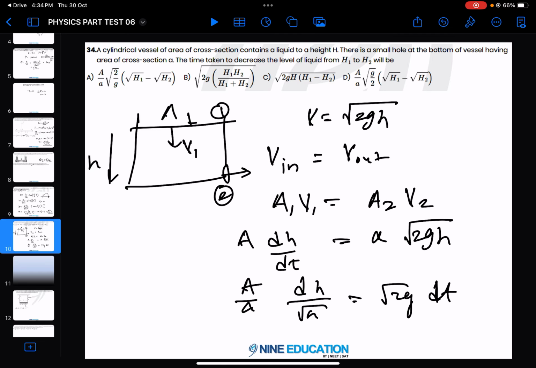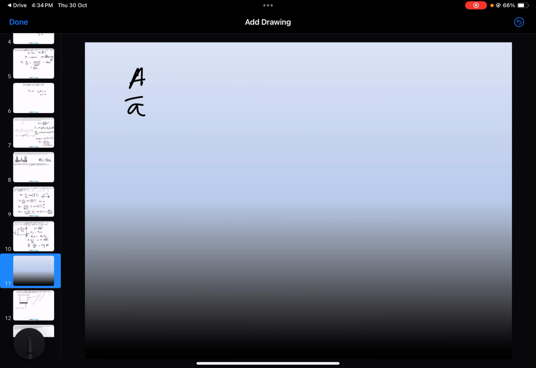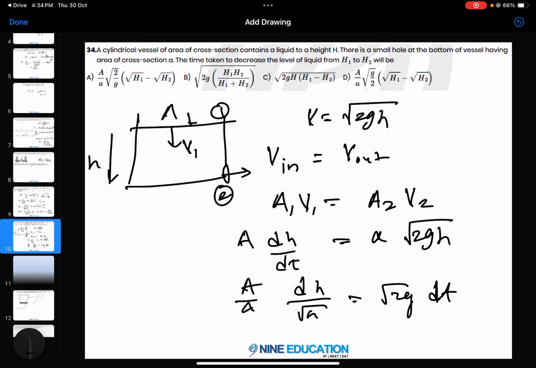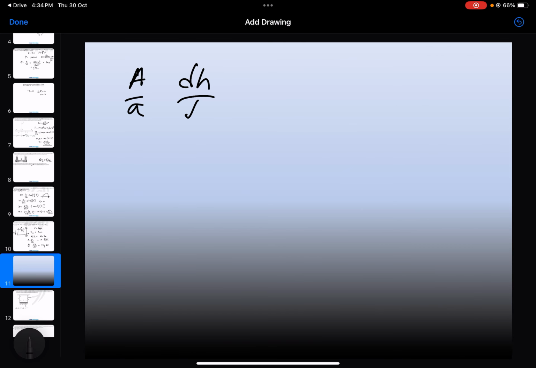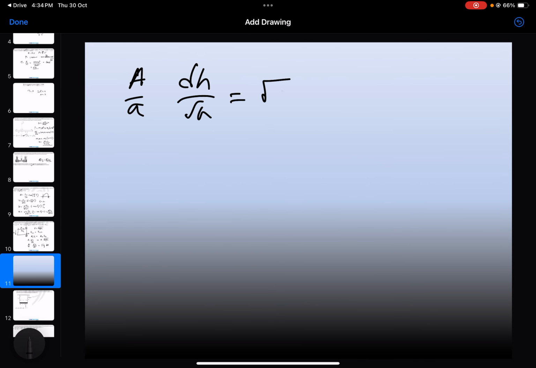Now here, what is this that we got? Capital A by small a, dh by under root h is equal to root 2g dt. Integrate on both sides, 0 to t, so time taken, and here integration of 1 by 2 root h will be root h, so multiplying 2 to 2a by a root h.